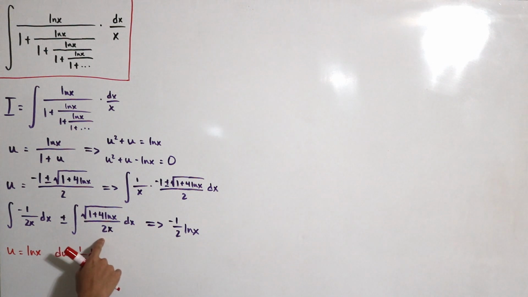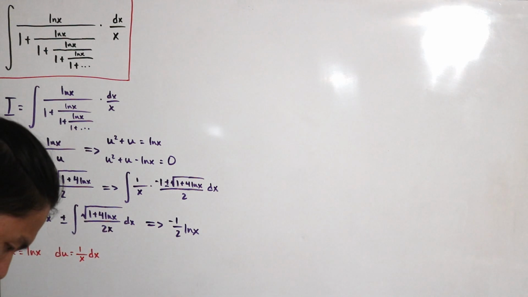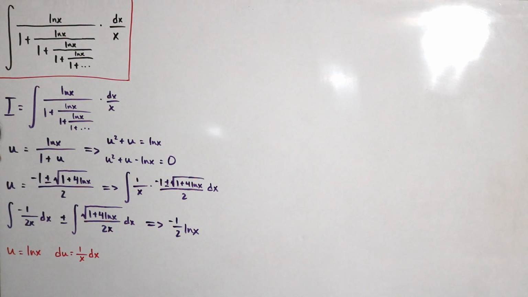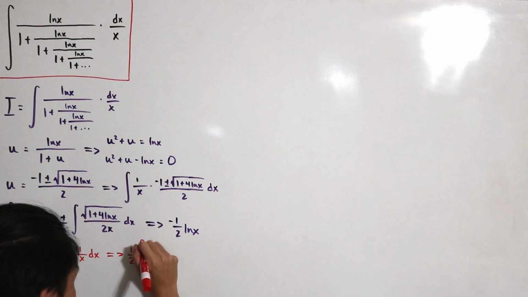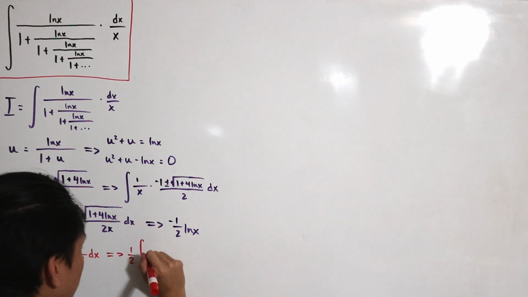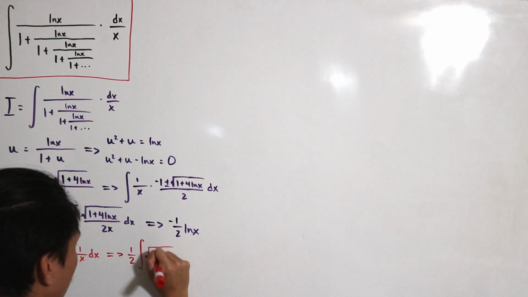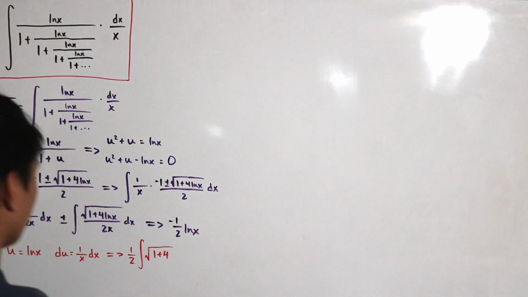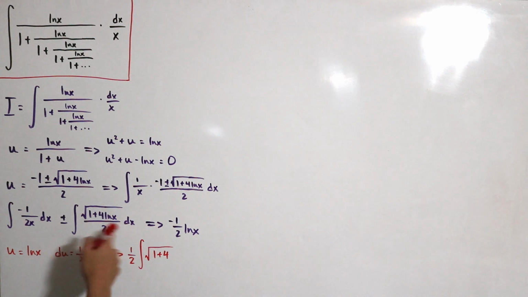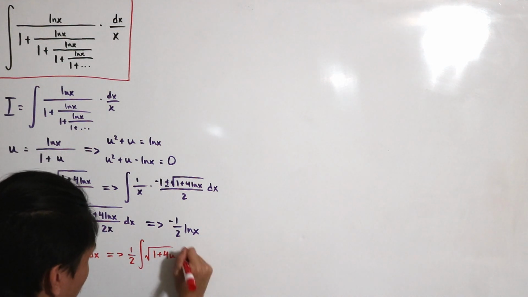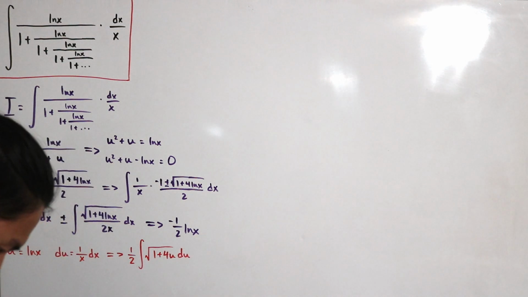I can factor out the 1/2 and then the x will cancel. So really this will just be 1/2 multiplied with the indefinite integral of the square root of 1 plus 4u, du.